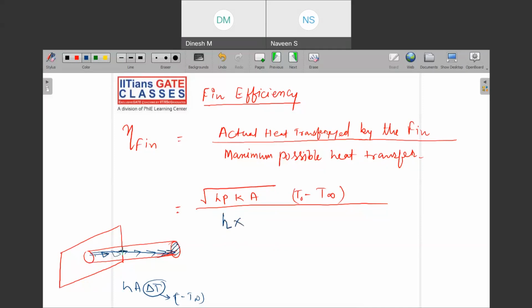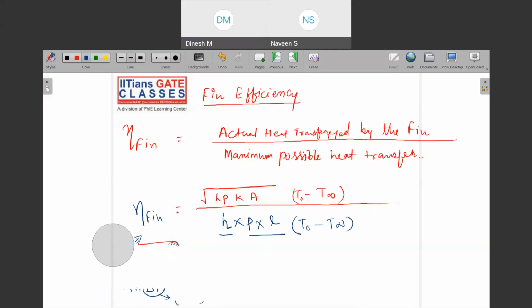What is the area? Not the cross sectional area, I need to find the surface area. If this is the length of the fin, and I know this is the perimeter, then perimeter multiplied by length. So now I know H into A, because I am assuming that all the heat is transferred at the same temperature. Then I can write this as T naught minus T infinity, right? So now I can see that my fin efficiency is nothing but this one only.